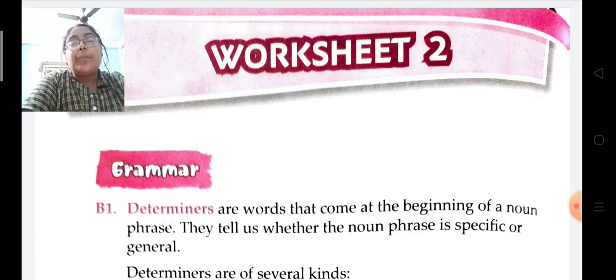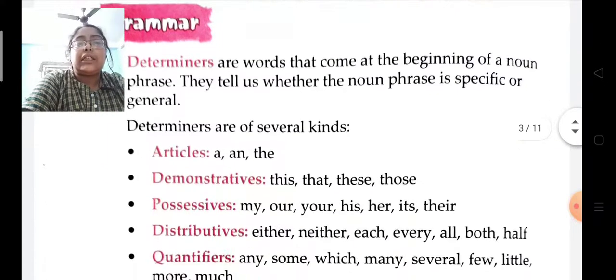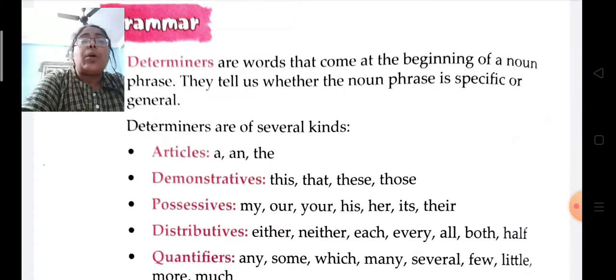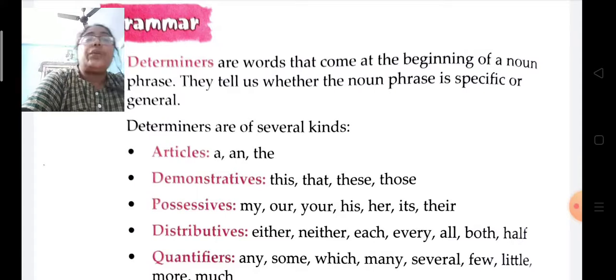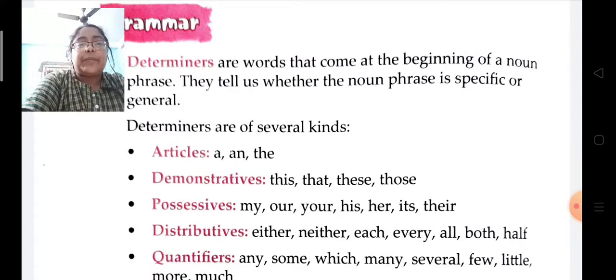Now I'll start from worksheet 2. Okay, what is a determiner? Just see here. Determiners are words that come at the beginning of a noun or phrase. They tell us whether the noun phrase is specific or general.